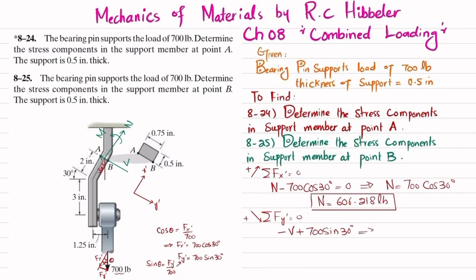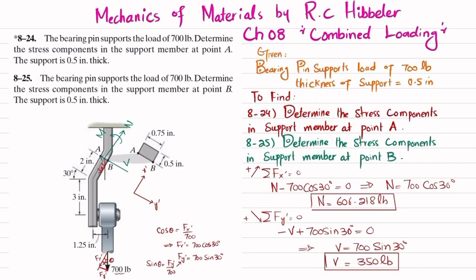So it means that their sum must be equal to 0 for the equilibrium condition. So this V is equal to 700 into sine of 30 degrees, and we will get V is equal to, V is the shear force, and that is equal to 350 pounds.